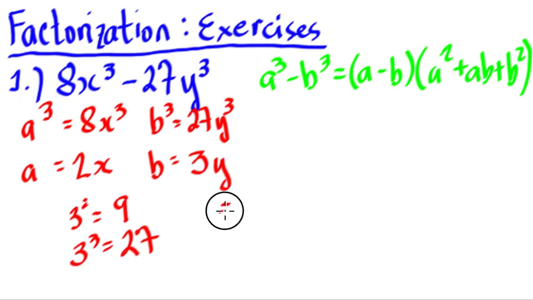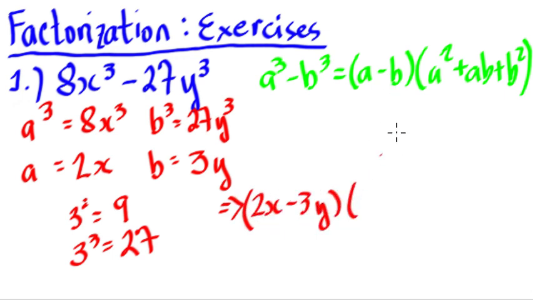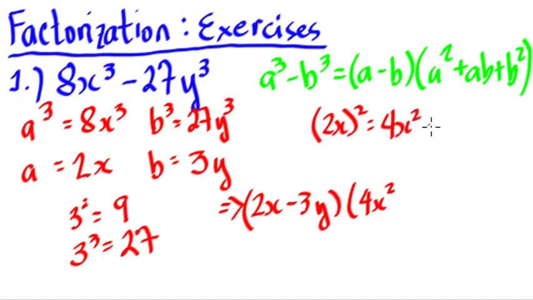If we do so, this will give us a minus b, which is 2x minus 3y. A squared is 2x squared, which is 4x squared, since we are squaring not only the x, but the entire 2x. Then a times b is 2x times 3y, which is 6xy.